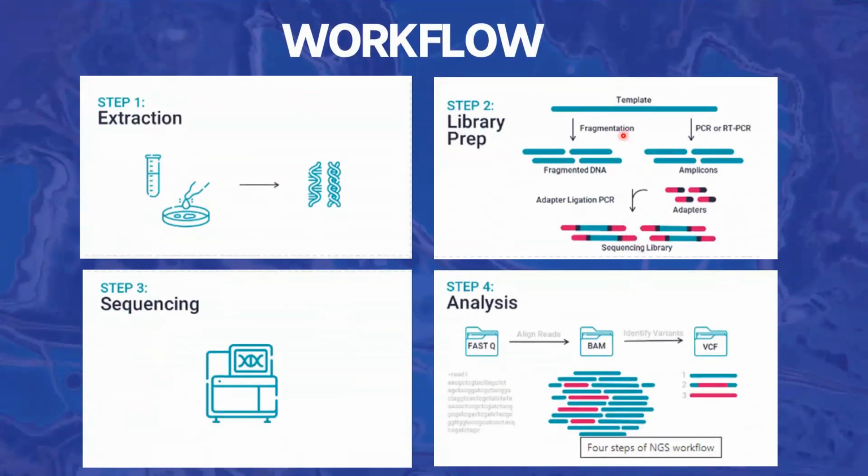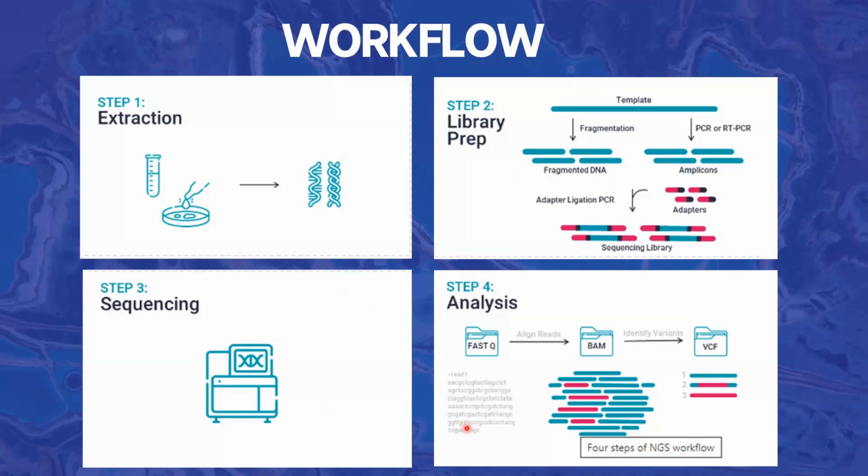So what is the workflow of targeted panels? This is the main workflow, and then I will go to details. We extract the nucleic acid according to the tissue or the blood sample we have. Then we do a library preparation. The library preparation involves, but is not limited to, fragmentation and then adapter ligation to give a unique sequence to each patient, sequencing the library using whatever platform you have, and then the analysis of the data.